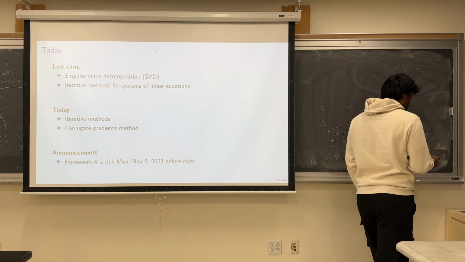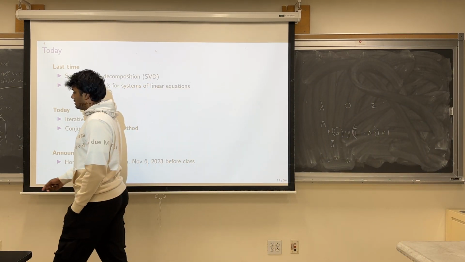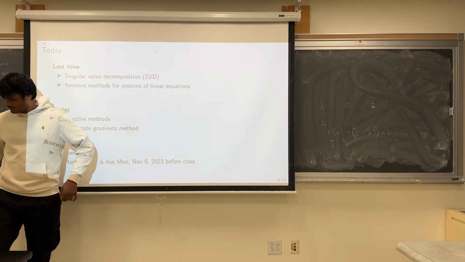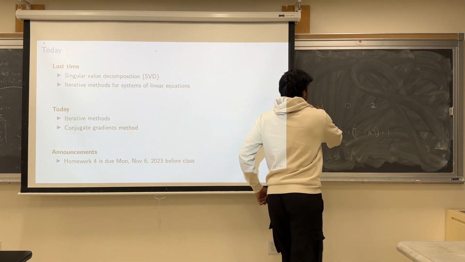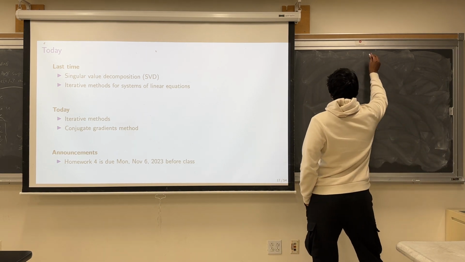Jacobi will converge for a strictly diagonally dominant matrix. How though? Can I remember any results? This is something that I remember.